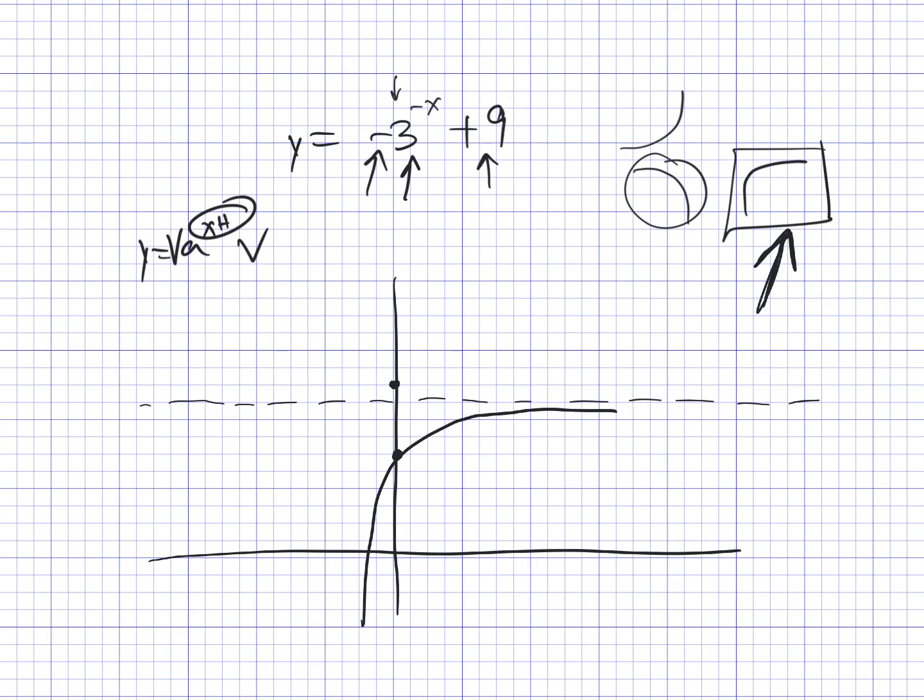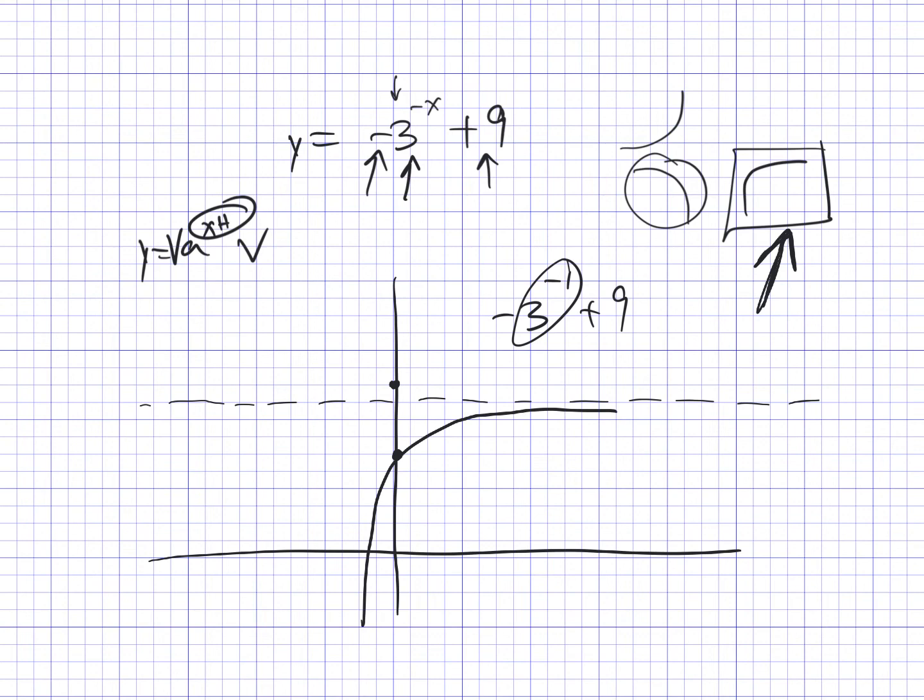Finish your quiz, come back, and say, okay, let's plot a point to make sure this is right. Plot a point on the left side or the right side of your y-intercept to make sure you have the line going in the right direction. So let's put 1 in for x: -3 to the -1 plus 9. You got a negative in front of the x. What does that -1 do?